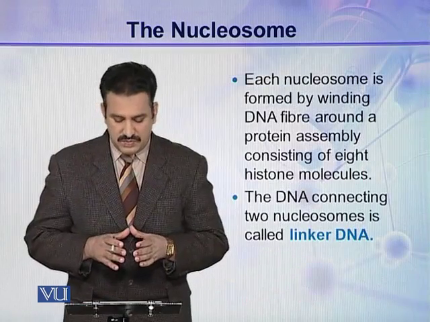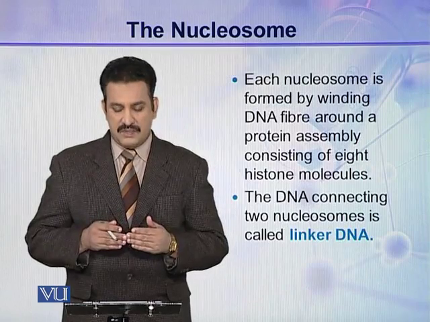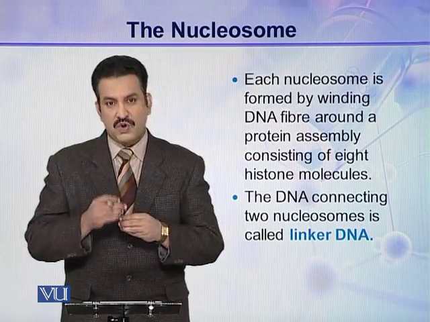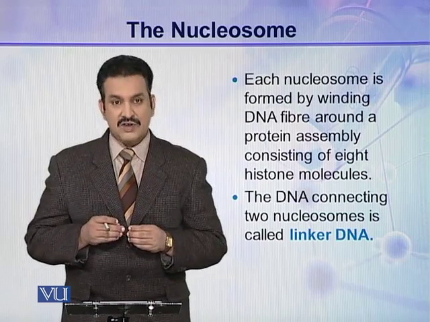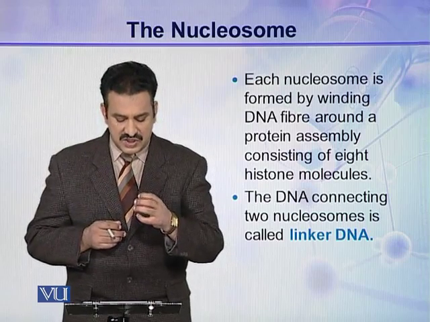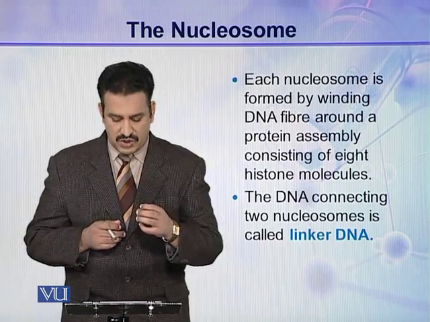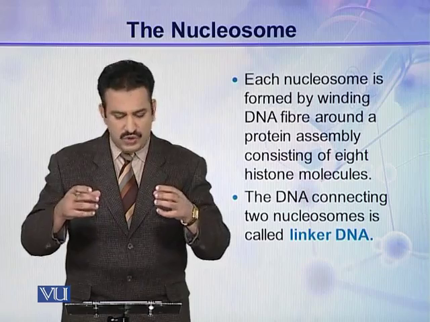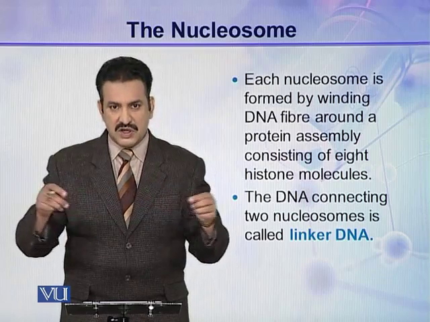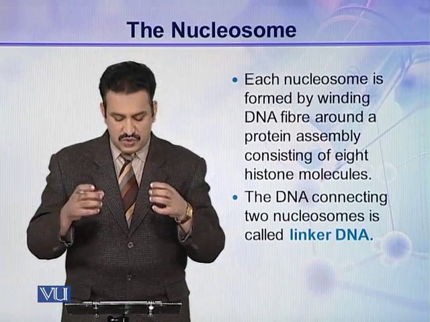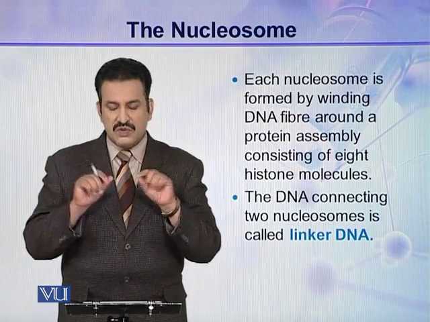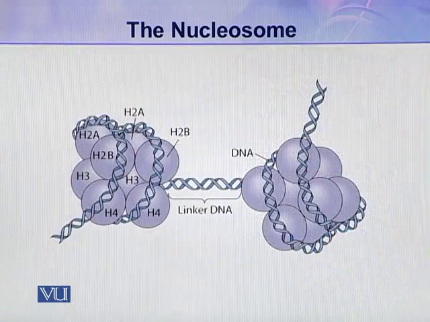Each nucleosome is formed by winding DNA fiber around a protein assembly, and this protein assembly consists of 8 histone molecules. The two nucleosomes in this string are connected through the DNA, which is called linker DNA.